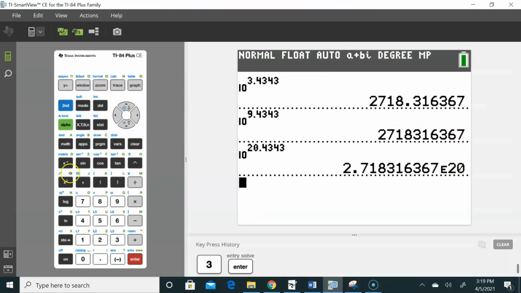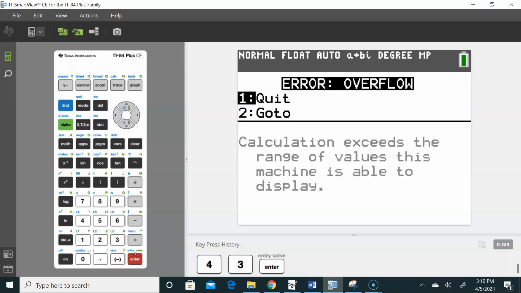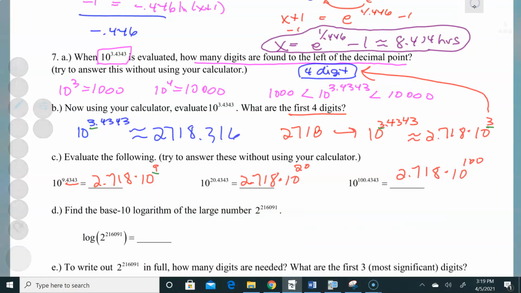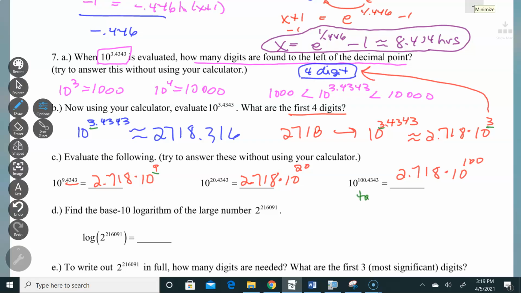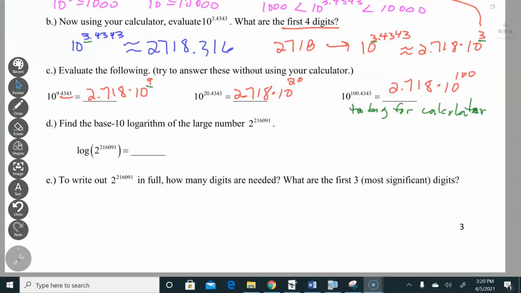But I cannot put this in the calculator. 10 to the 100.4343. It says overflow. It means this is too big for the calculator. So just because it was too big for the calculator doesn't mean I can't do it.